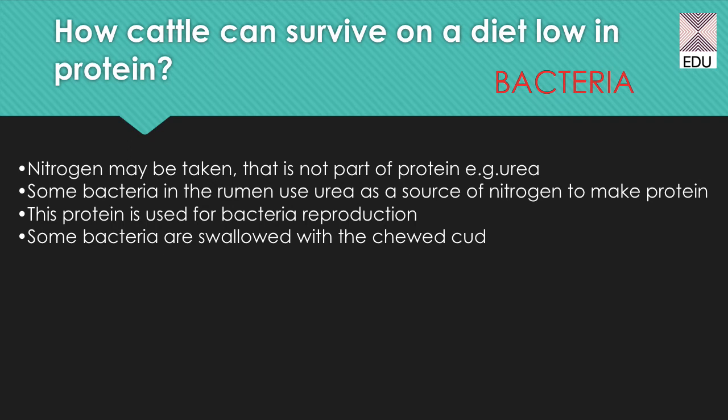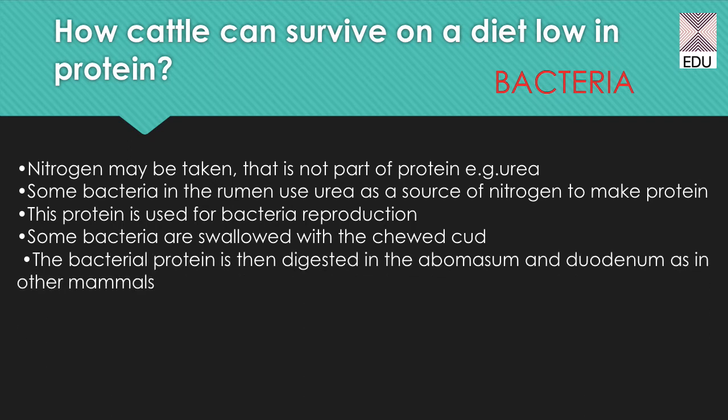So some bacteria are swallowed with the chewed cud. The bacterial protein is then digested in the abomasum and duodenum as in other mammals. So if these bacteria are taken up from the rumen to the next chambers, the protein is also going along with them.